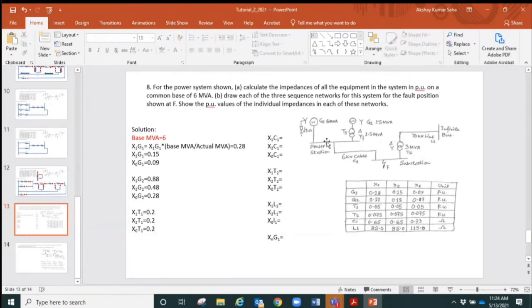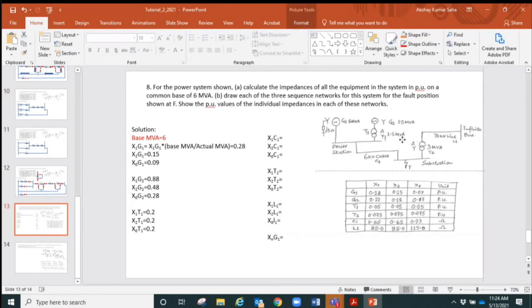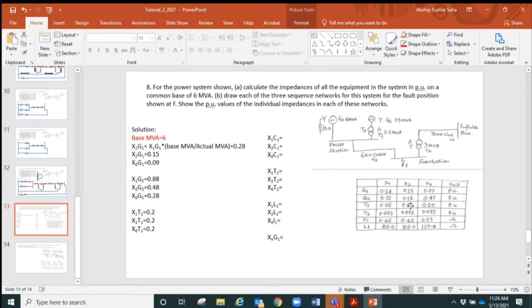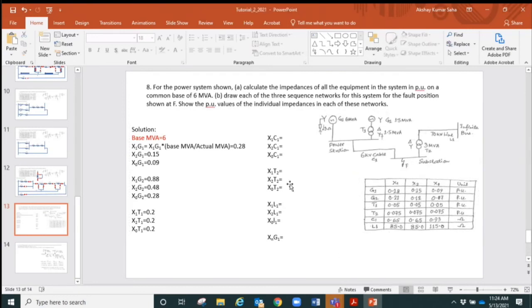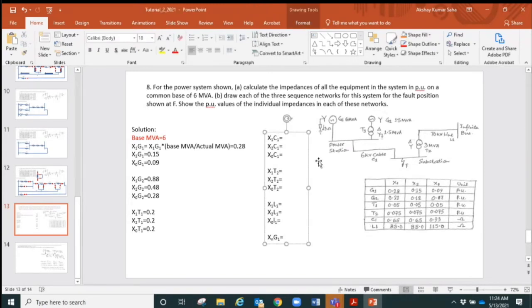So if we're done with that, we can now go to the cable 1. How do we calculate the cable reactance?